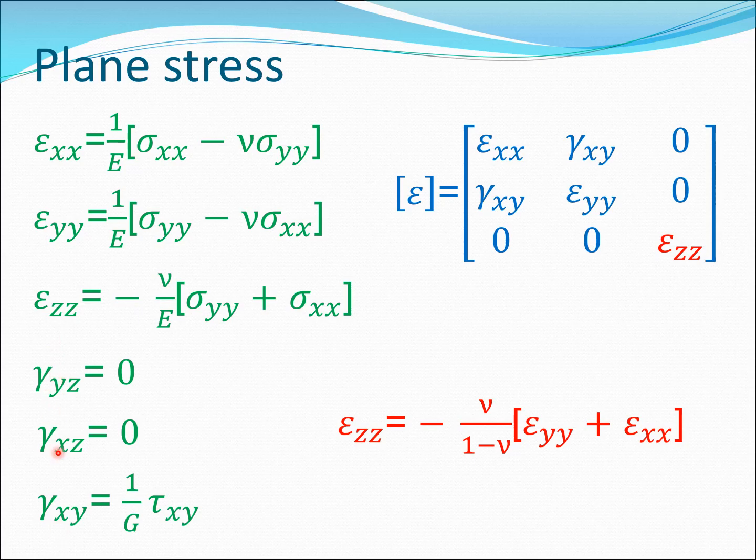Two of the shear strains come out to be 0, but the third shear strain of course is here. Now do see here that epsilon zz is actually related to epsilon xx and epsilon yy, and this relationship is given by this particular equation. So very interestingly, the plane stress situation contains a strain matrix which has an epsilon zz present.